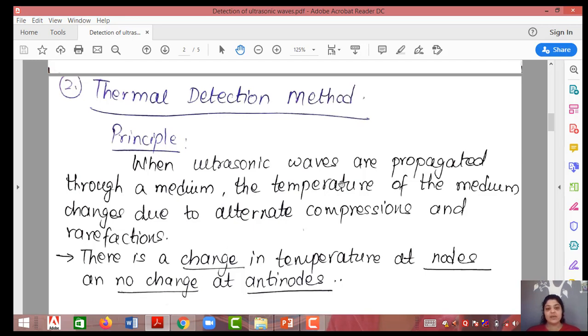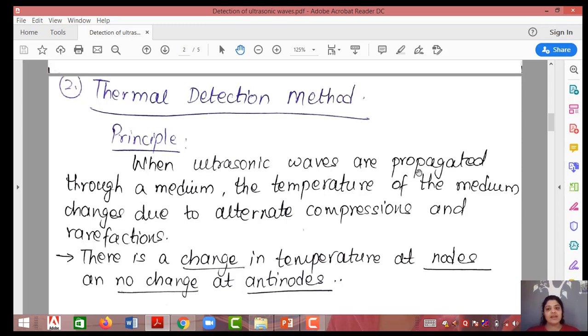Whenever there is a compression, when particles of the medium are combined together, at the nodal points, the temperature of the medium will be slightly higher. And when there is complete expansion, at points known as antinodes, where the medium particles are scattered, there will be no change in temperature. So this is the basic principle on which the thermal detection method is based.